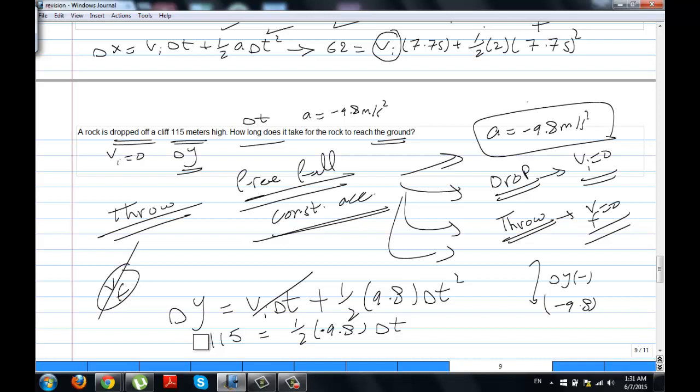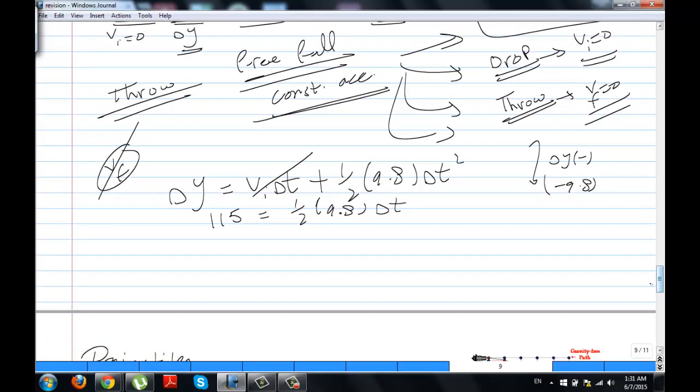Okay, if you're using the positive value, use a positive value for the 9.8. The 9.8 should be given in the placement tests, whether it is positive or negative. So if it's positive, use the delta y as a positive value. So 115 equals half 9.8, which is 4.9, delta t square.